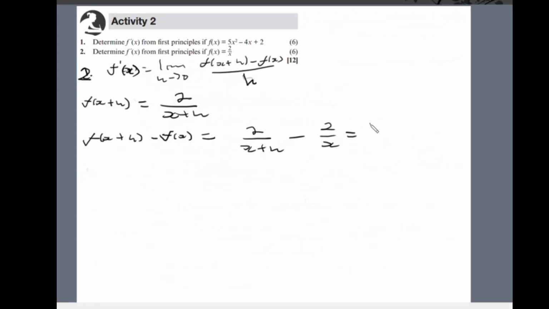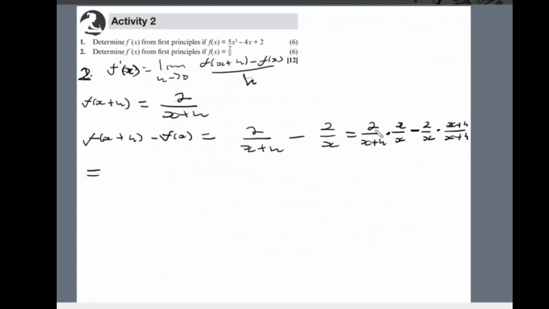So we'll have 2 over (x plus h) multiplied by x over x, and then minus 2 over x, multiplied by (x plus h) over (x plus h), right? That is a way of finding the common denominator.